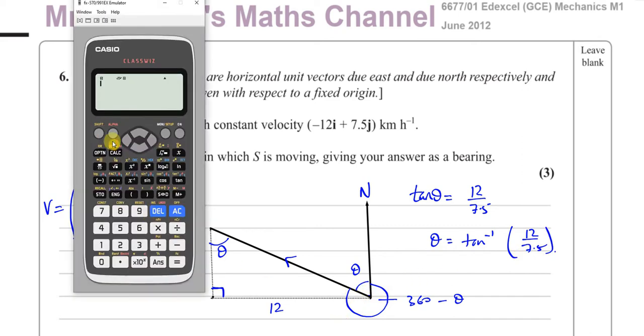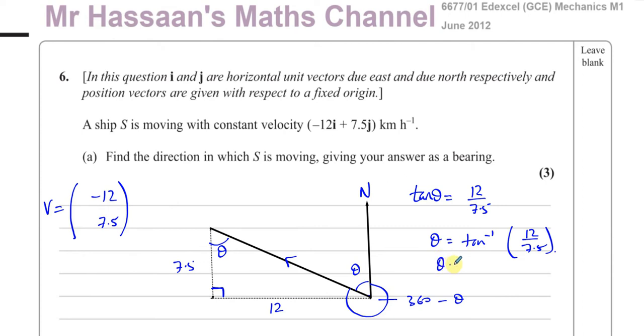So we do inverse tan of 12 divided by 7.5, close that bracket. We must make sure we're in degrees because bearings are measured in degrees. That gives us 57.995 degrees, so theta is 57.995 degrees. That's not the bearing, however.